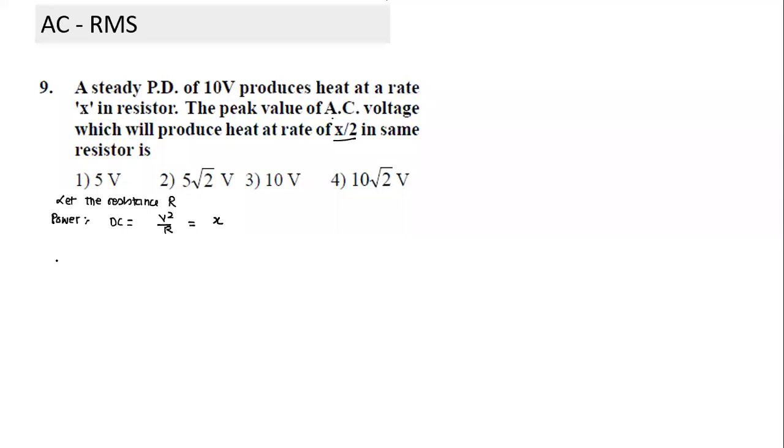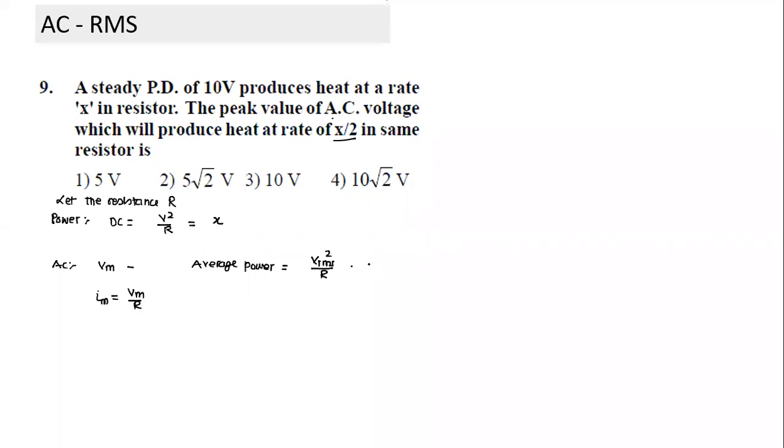In case of AC, if voltage is V max, what is the average power consumption? In case of AC, average power consumption is VRMS square by R. Or I can calculate IM, which will be equal to VM by R, and write I square R. Both cases come to the same.